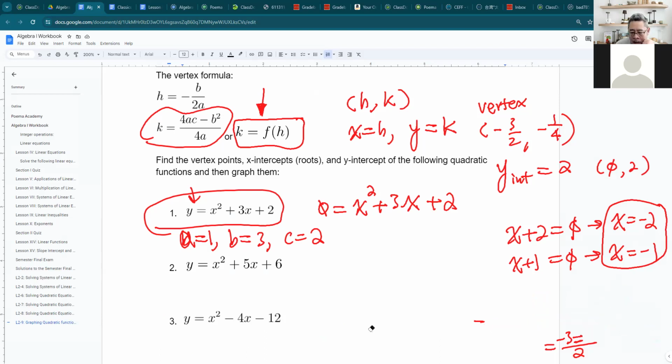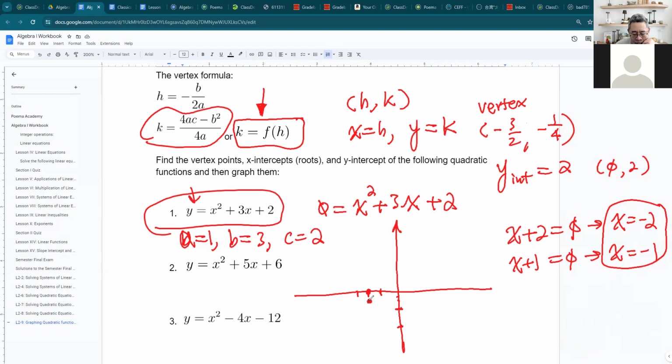We know our vertex x is negative 1.5. So we'll be here. And our vertex y is negative 1/4, so this is a half, and this is 1/4.